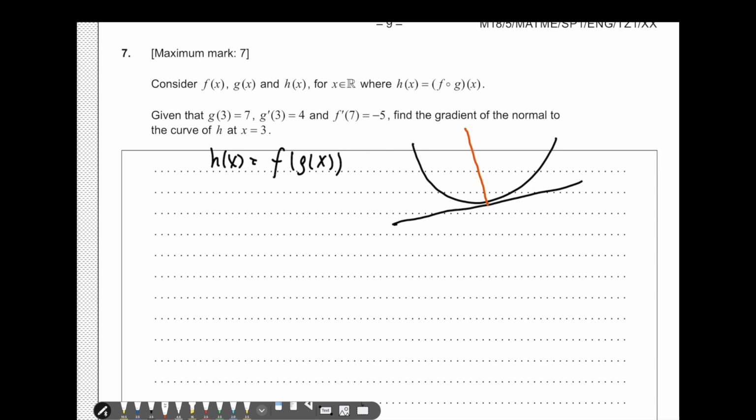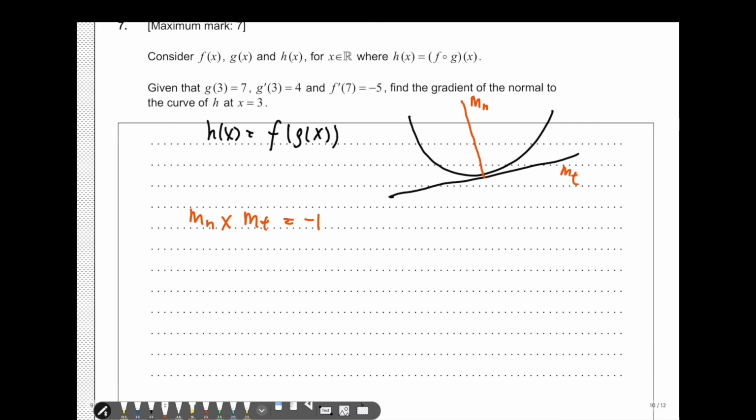So we call this one the slope of the normal, and that is the slope of the tangent. We note when these two values multiply together, we get -1. And so that is the first thing we have.